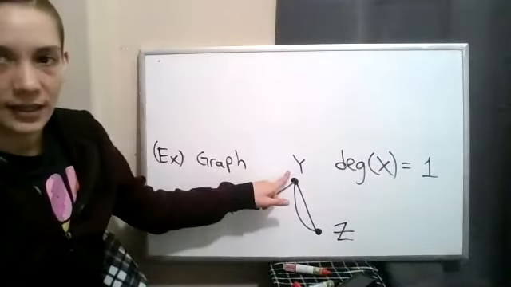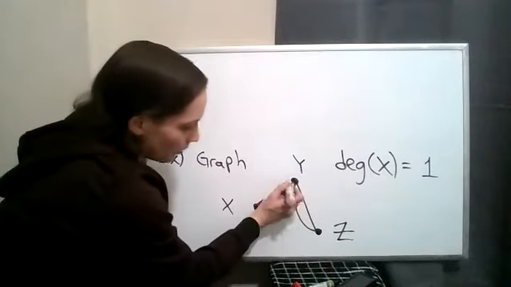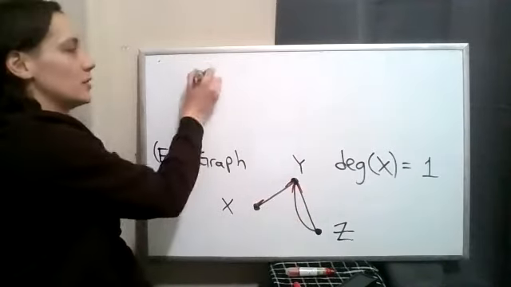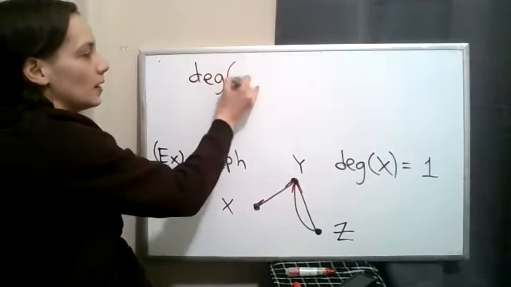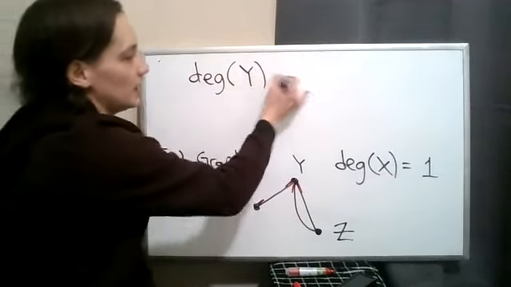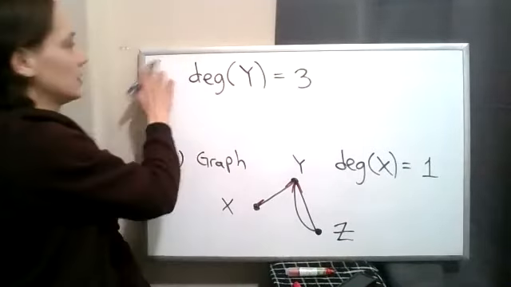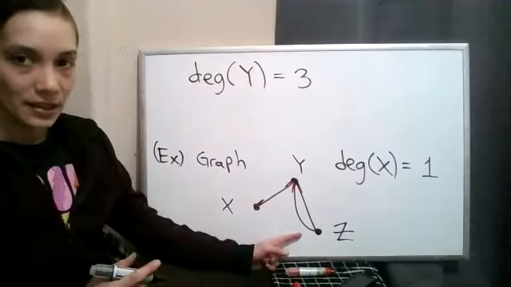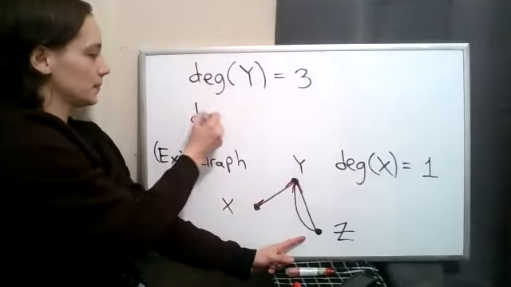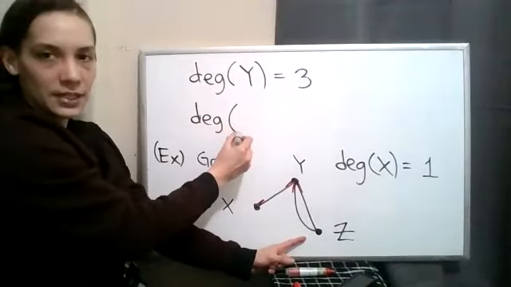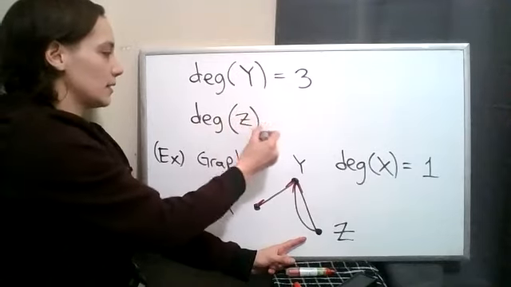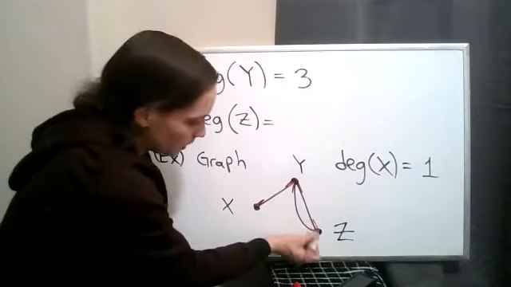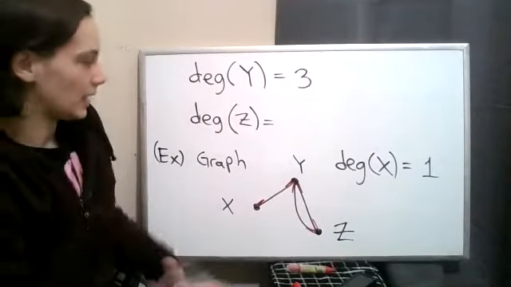The degree of Y, that would be 1, 2, 3. And you'd write degree of Y is 3. Last one. The degree of Z is 2. It's just 1, 2 edges.